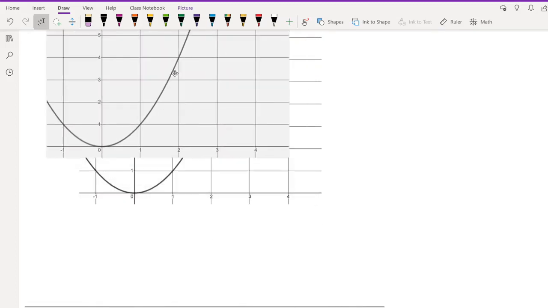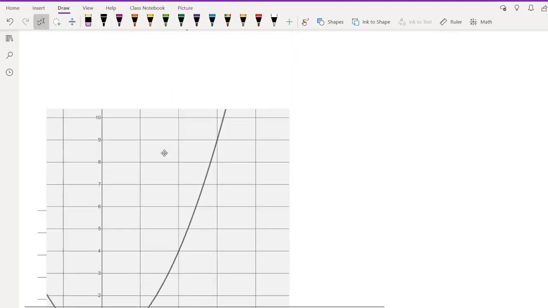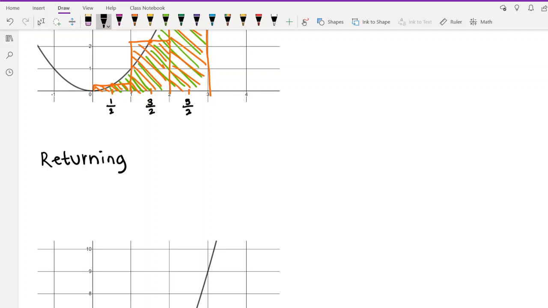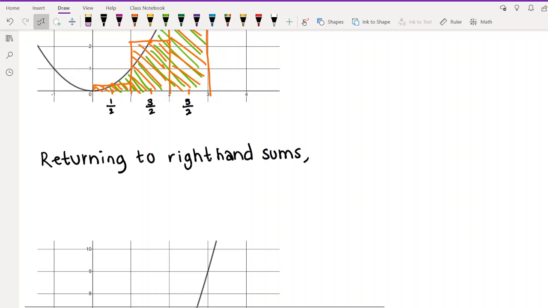So let me write that down. Returning to right-hand sums, how can we get a better approximation than we did with R3? You could totally do this with the midpoint or the left hand, but just for the sake of consistency, I want to stick with one type of sum as we increase the number of rectangles.